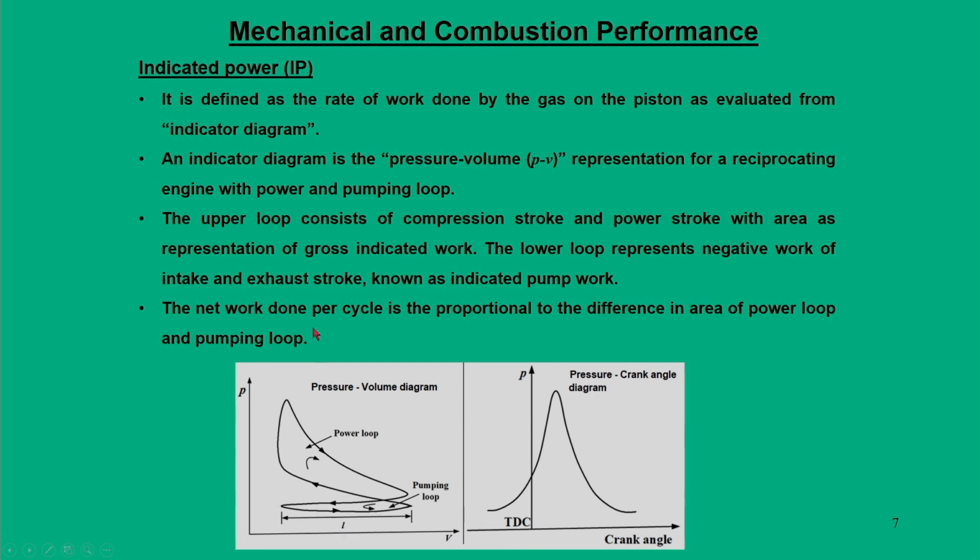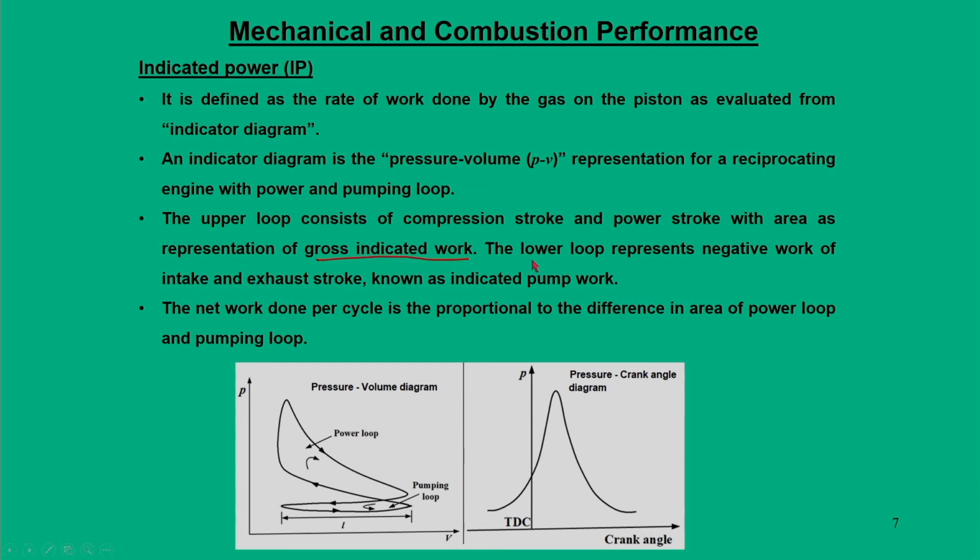The upper loop, the power loop, consists of the compression stroke and power stroke, with the area representing the gross indicated work.